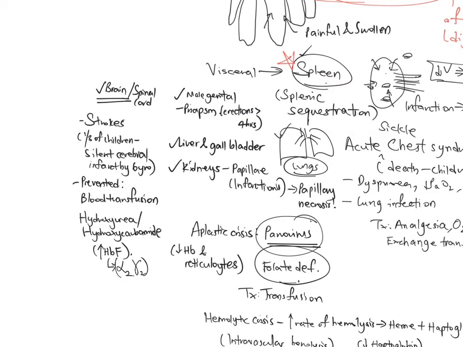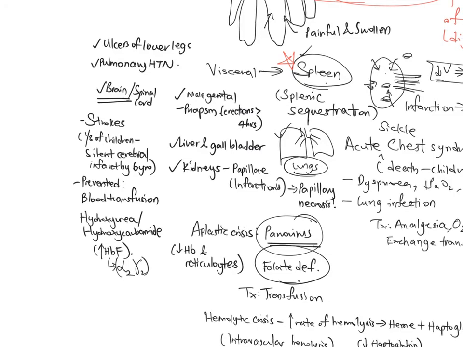Another thing to mention is that ulcers of the lower legs can be quite common as well, and once again, it's due to the underlying pathophysiology of infarctions. Also, pulmonary hypertension could occur. These are complications to bear in mind.